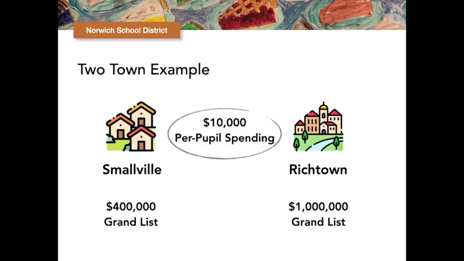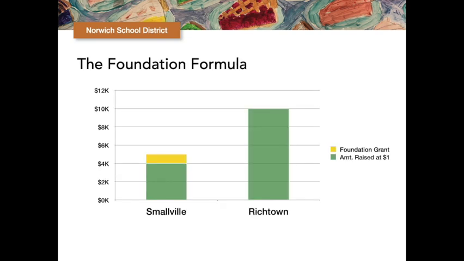But both Richtown and Smallville want to spend the same amount per pupil. They both want to spend $10,000 per student. So for Richtown, with a $1 base tax rate and a grand list value of $1 million, they are able to generate per pupil spending of $10,000 without any assistance from the state.